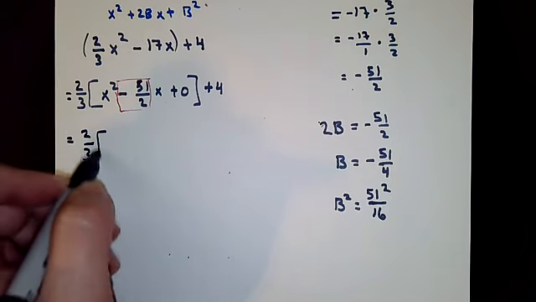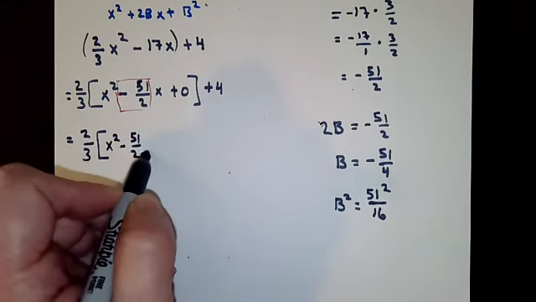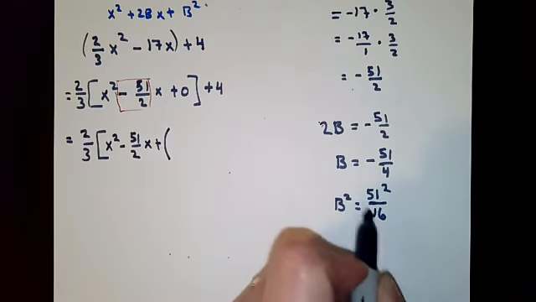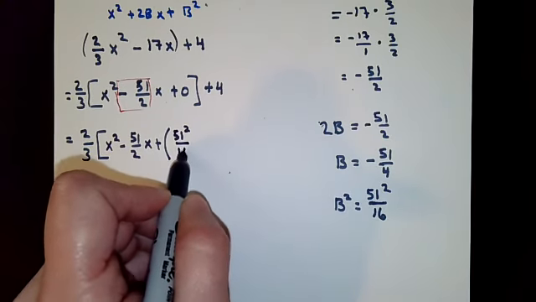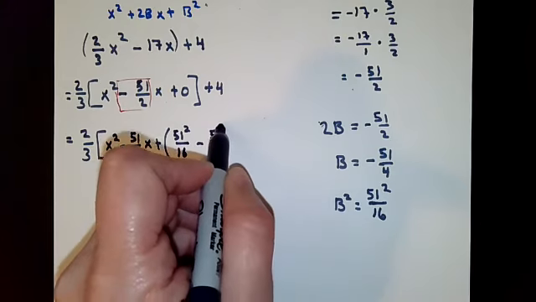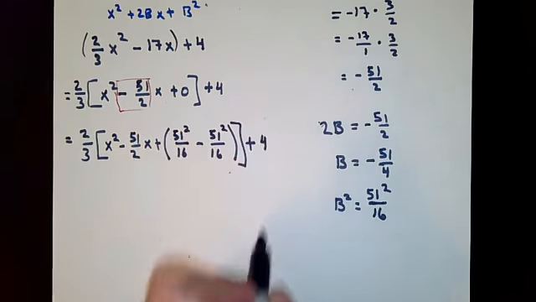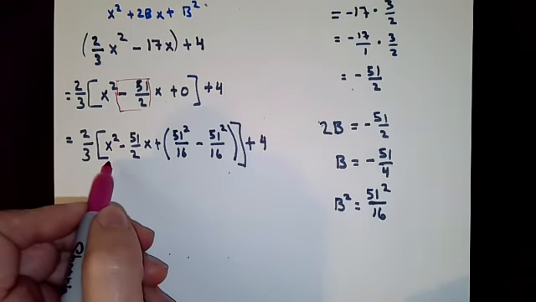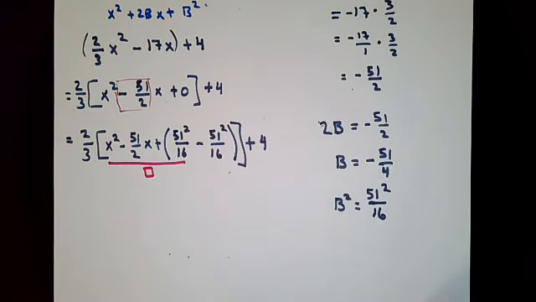2/3 square brackets x squared minus 51 over 2 times x plus, write the 0 using the b squareds, so that will be a 51 squared over 16 minus a 51 squared over 16. Close the square brackets, put that plus 4 on the outside. The first 3 terms are a perfect square, so we know that they will factor.